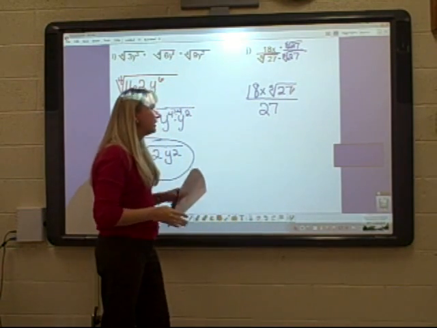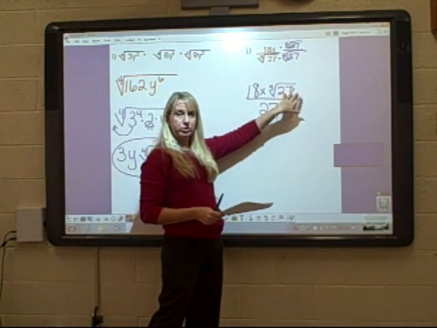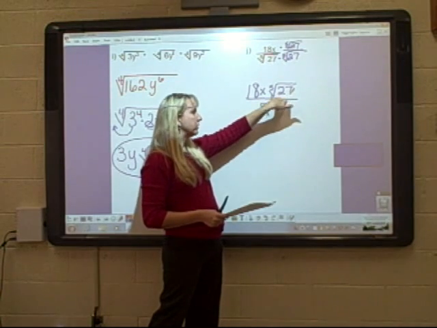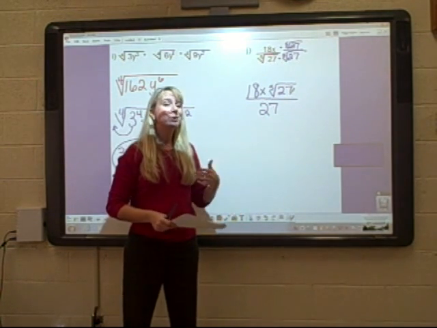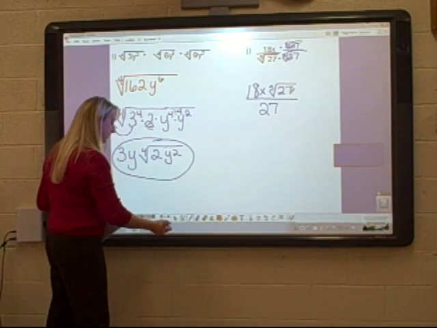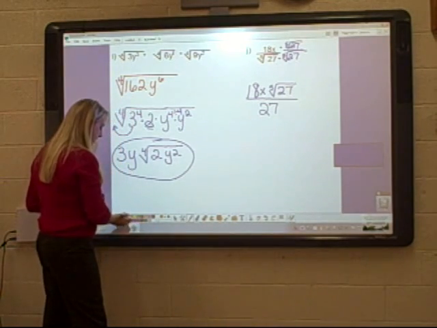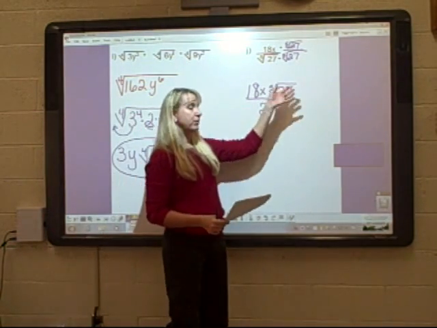Well, I need to look at this radical sign, this 5th root, and think, is there a number inside of 27 that you can write as the 5th power?